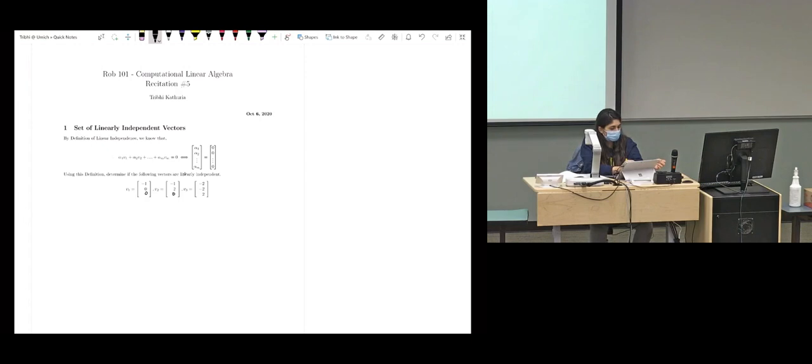So if you were given a set V1, V2, V3 to Vm in a vector space Rn, they all belong to a vector space Rn. Then these vectors are linearly independent if this linear combination of these vectors only gives the zero vector when all the coefficients are zero.